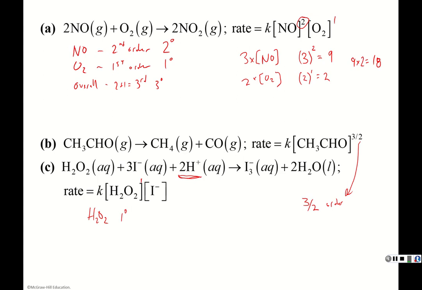Because there's a 1 there in the exponent. I minus is going to be the same, first order. H plus, now, if we were asked, what is this reaction in terms of H plus? Well, it doesn't factor into this rate law. It doesn't show up, so it's a 0 order.